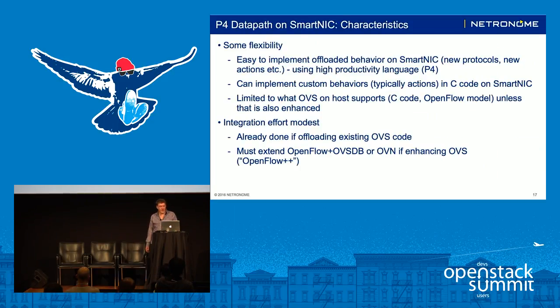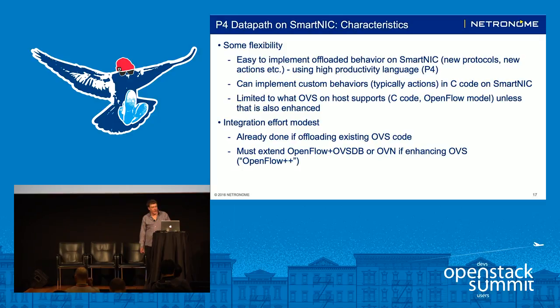In this case, it becomes quite easy to program the SmartNIC using these languages to do the offloading. And you could easily do custom behaviors there, but since we did not touch the OVS C code on the host, we are limited to what OVS supports. Integration will be very minimal effort if it's just doing what OVS does today.